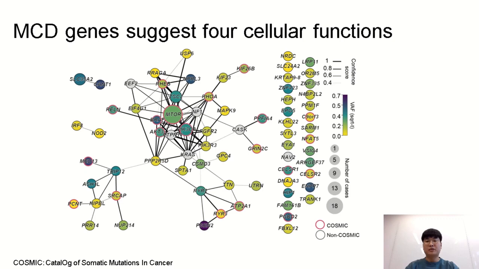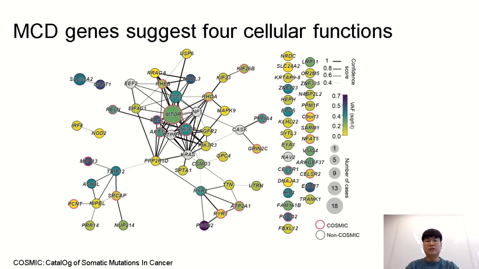We identified a total of 69 genes in our cohort, which are color-coded from yellow to purple depending on the variant allele fraction. Additionally, we included 6 genes that have been recently reported as new MCD-associated genes in other studies, and these are indicated with gray nodes.